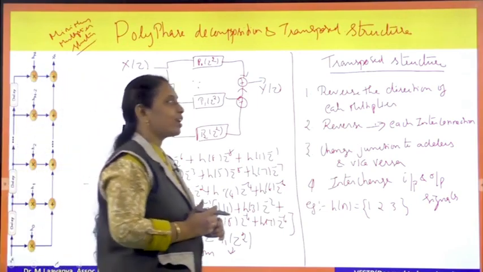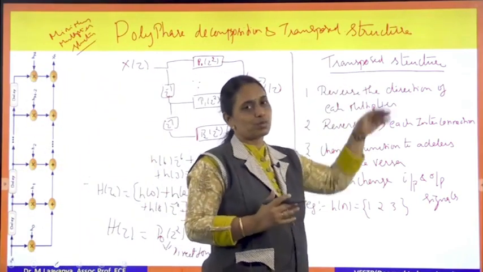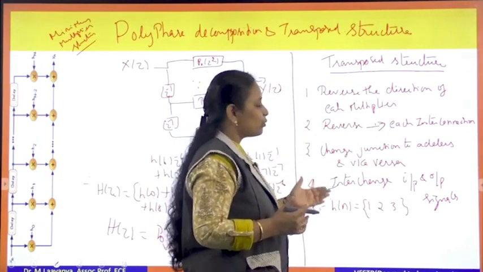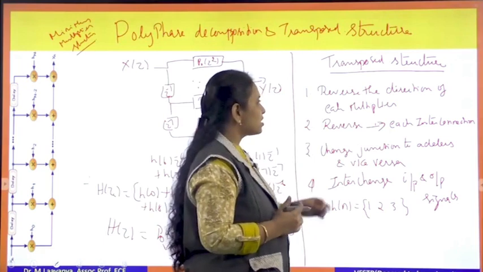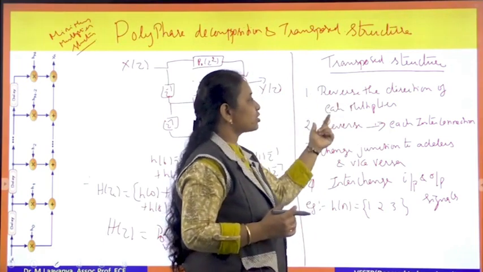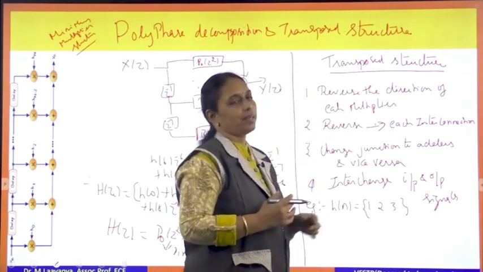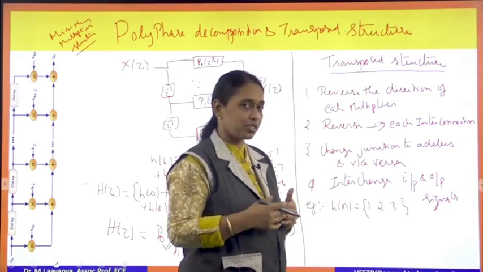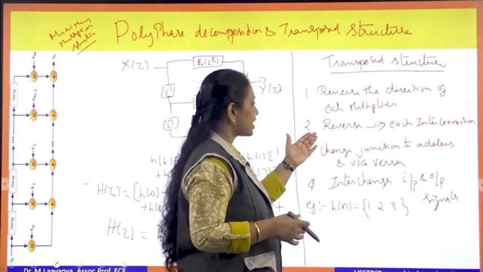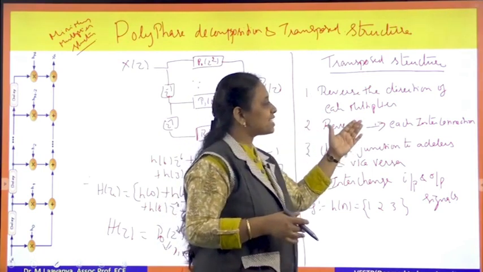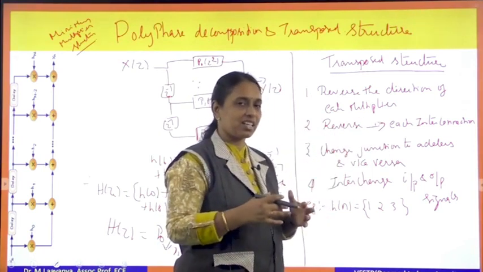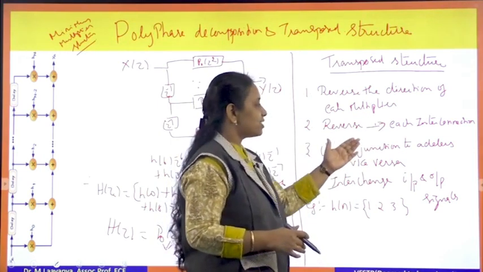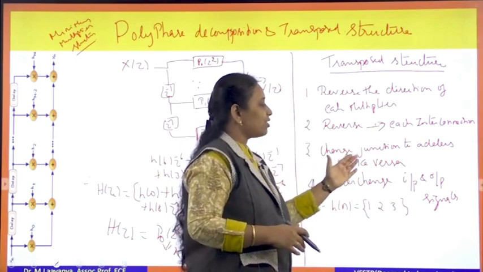Another structure we are going to see now is called the transposed structure. For this transposed structure, there are some rules. First, we have to reverse the direction of each multiplier. Second, you have to reverse each interconnection. Wherever connections are there, you have to reverse them. Third, you have to change the junctions to adders and vice versa.